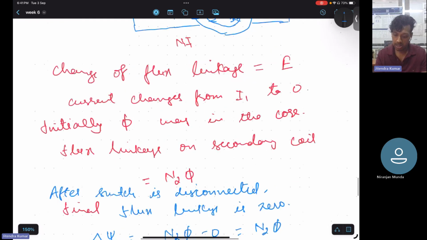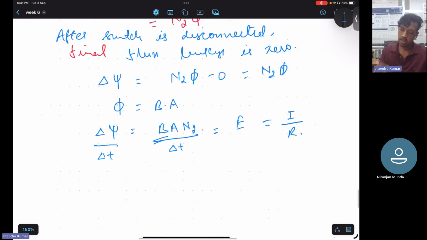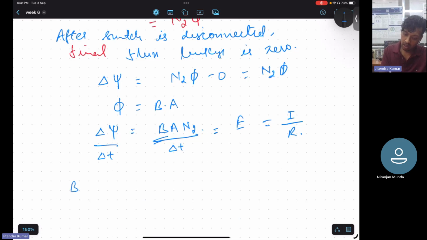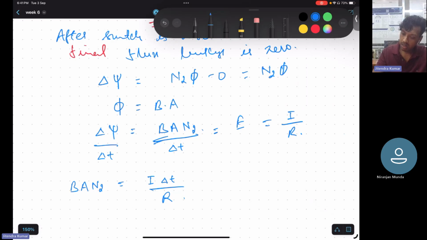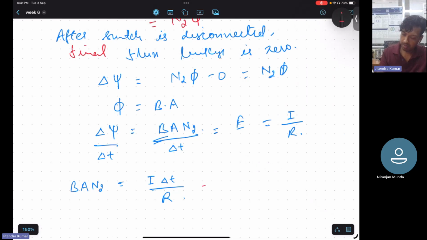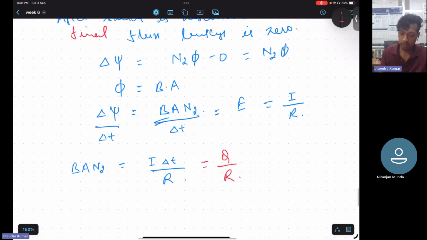So now we can equate BAN2 is equal to I delta T into R. And I delta T is nothing but charge Q. Our purpose was to calculate magnetic flux density.